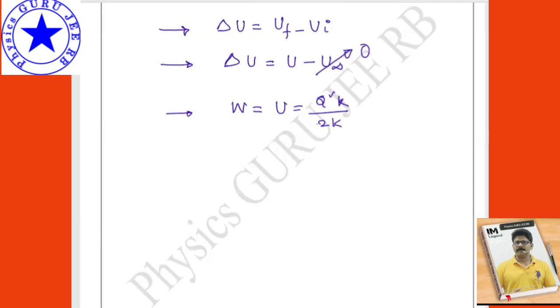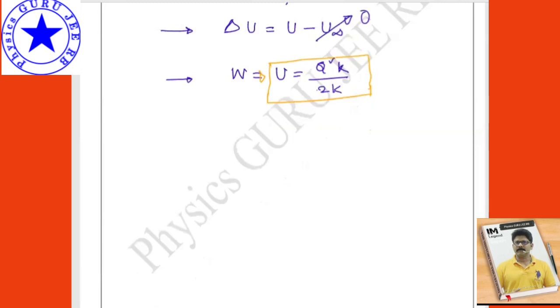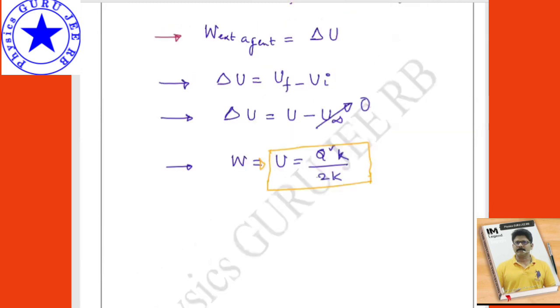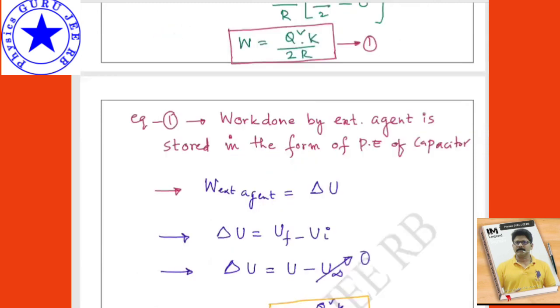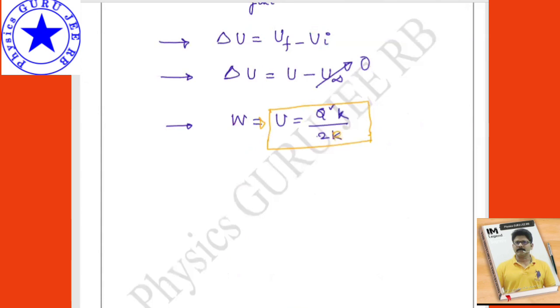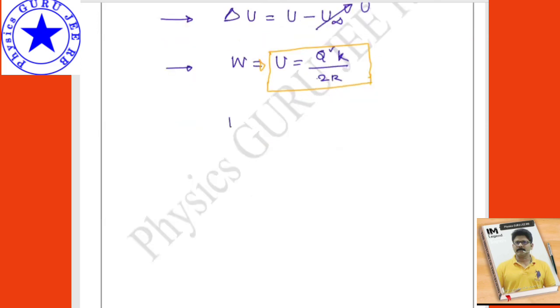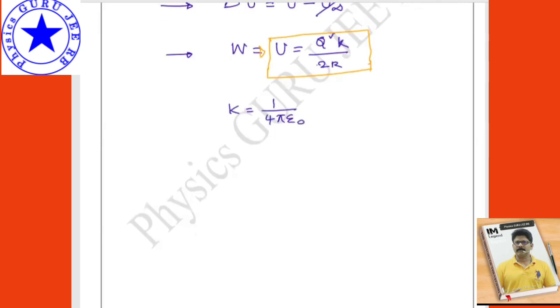So this is nothing but potential energy. Whatever work we do to bring the charge is stored in the form of potential energy, which is nothing but U equal to Q square K divided by 2R. Hope it is clear. This is 2R, right? But we know that K can be written as K equal to 1 by 4 pi epsilon naught. Simply substitute that one.